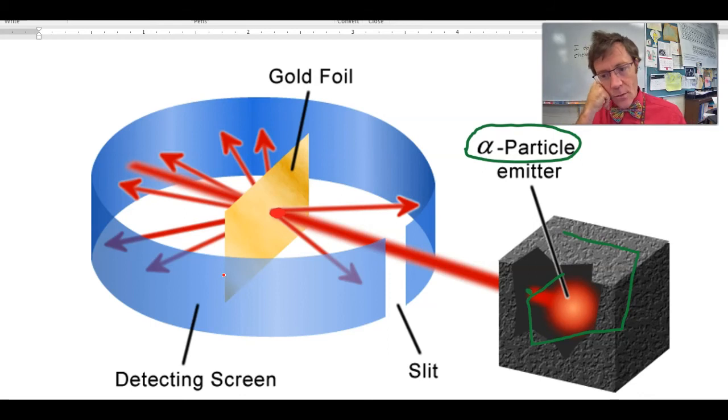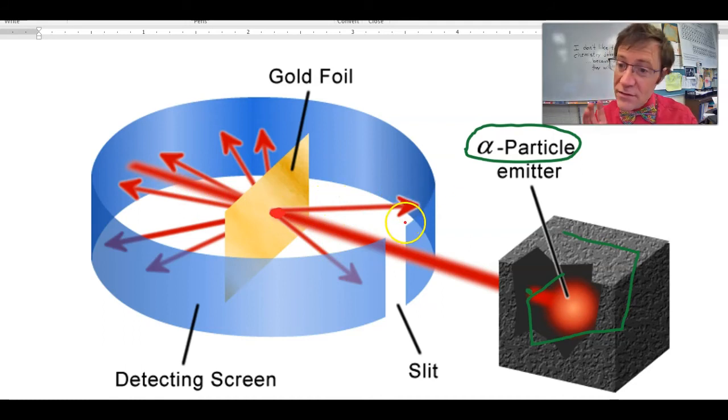So here's the thing: if almost all of the radiation goes through, that means almost all of an atom is like fog or mist. However, some, very, very few, instead of going through, actually ricocheted straight backwards.